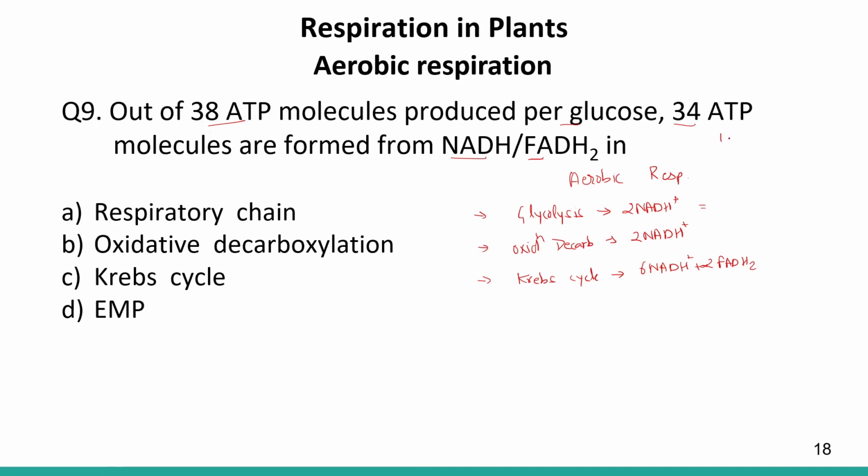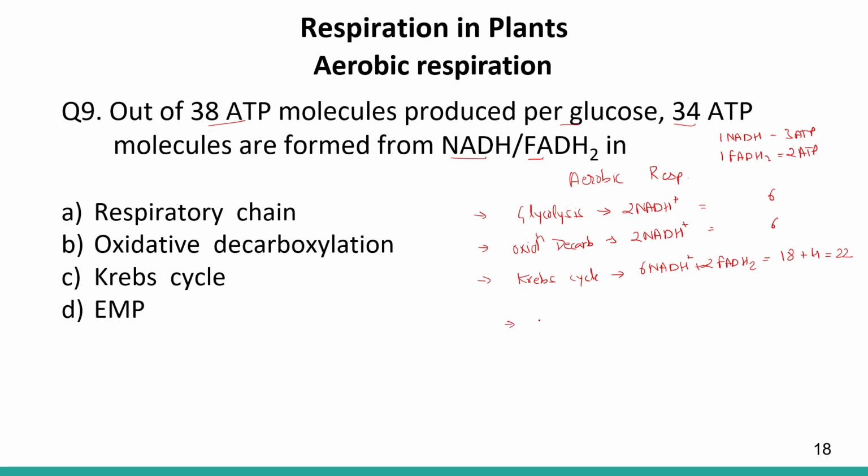Now we know that 1 NADH is equivalent to 3 ATP and 1 FADH2 is equivalent to 2 ATP. So here we have 6 ATP, here again we have 6 ATP, and here we have 6 into 3 is 18 ATP plus 4 ATP, which is equal to 22.